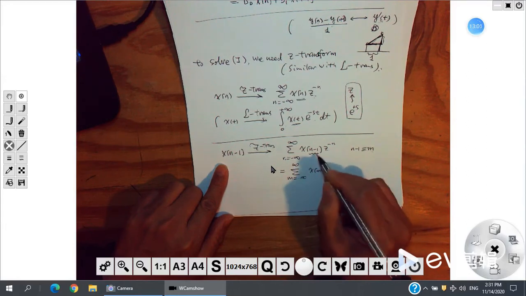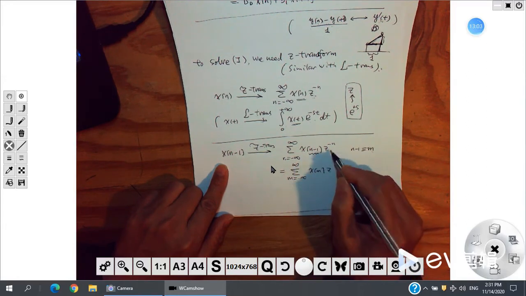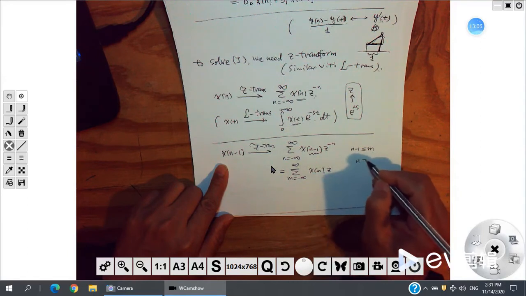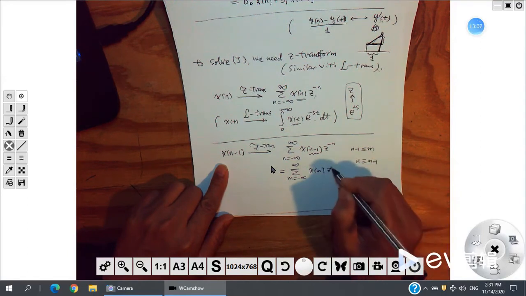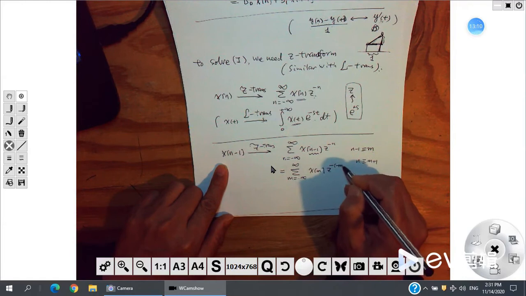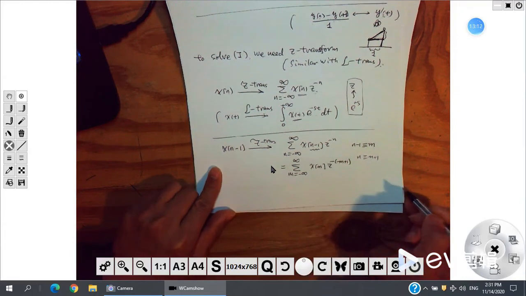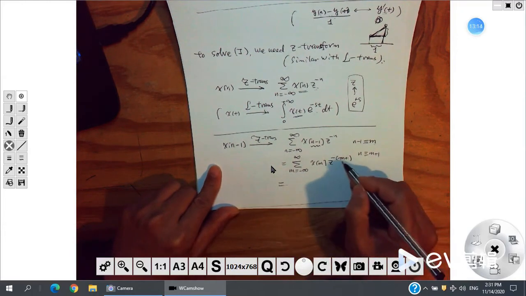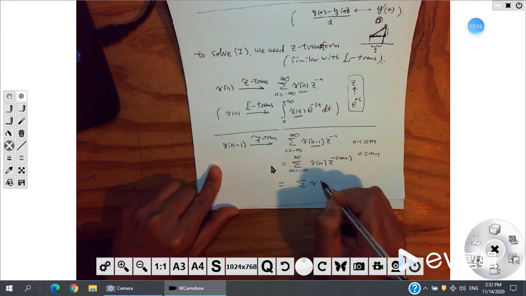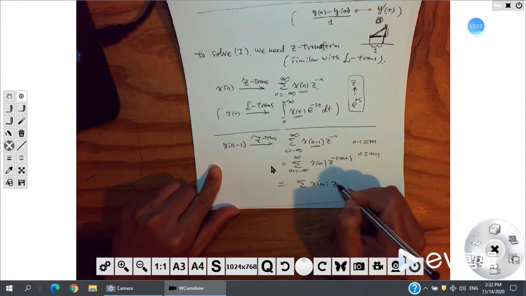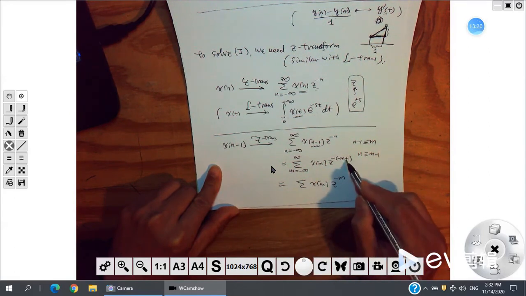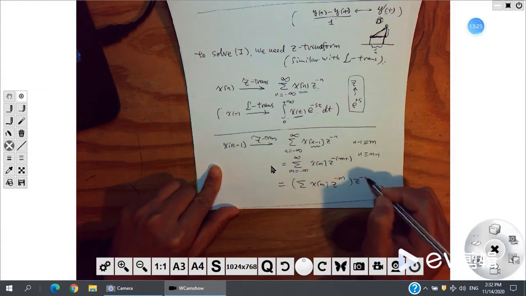And n is m plus 1, so this is z to the negative m plus 1. Now I can write it as x of m times z to the negative m, times z to the minus 1. I move this minus 1 outside the summation.